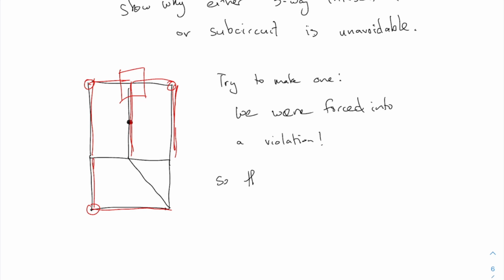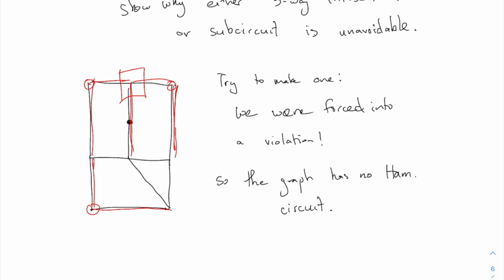So my conclusion is this graph has no Hamilton circuit, because any attempt to make a Hamilton circuit results in an automatic three-way intersection, which is not allowed. All right, that means it's not possible to have a Hamilton circuit in this graph.